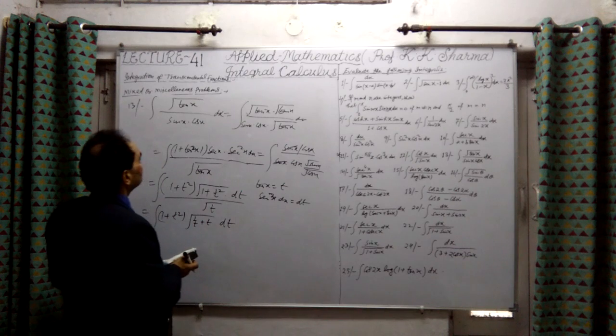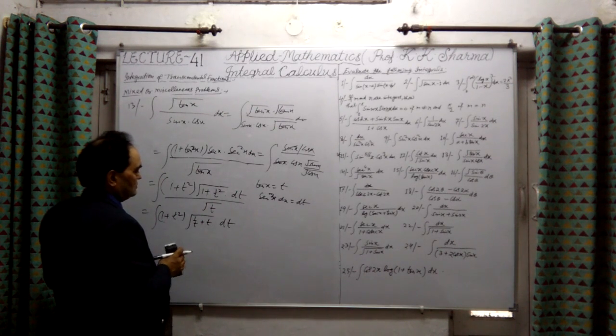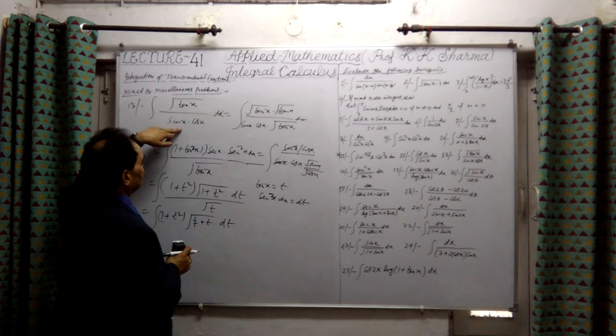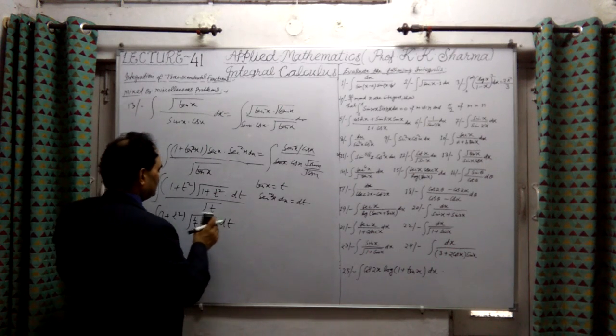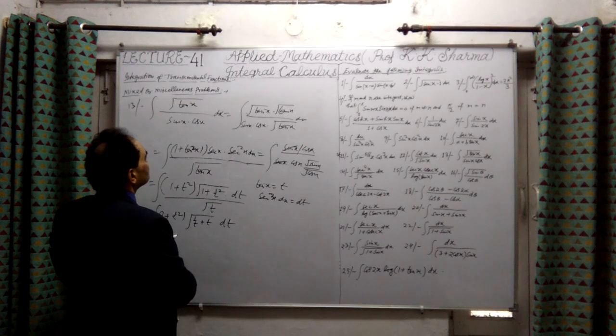But sec square x will come when we divide the numerator by sec square x. It will be t into dt then. And sec square x, if I divide here, then it will be tan x. If I divide by cos square x in numerator and denominator, okay, and this is under tan x only, no problem.